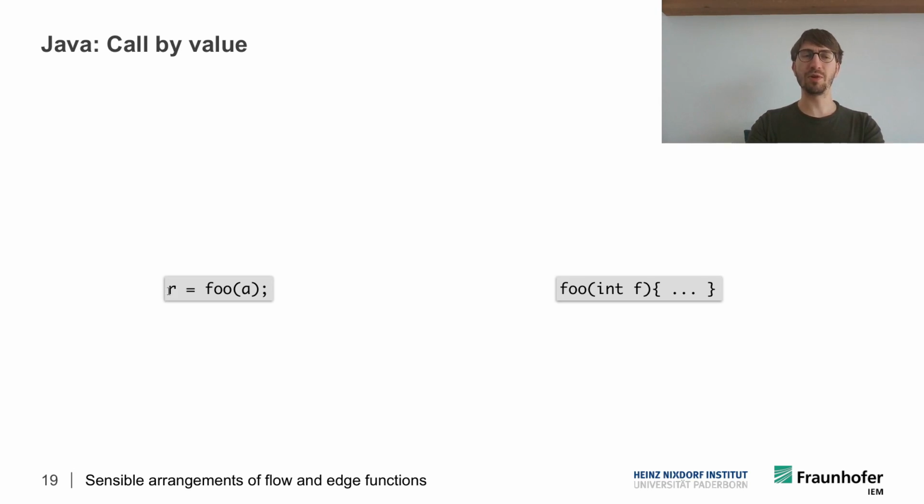Assume you have a method call of foo, where you pass a parameter a, and the signature of foo looks like this. So the formal parameter f is just an int. Let's assume foo is called with a parameter a that is set to 42. So a will have the value 42, and a is a so-called primitive value because it is of a primitive type.